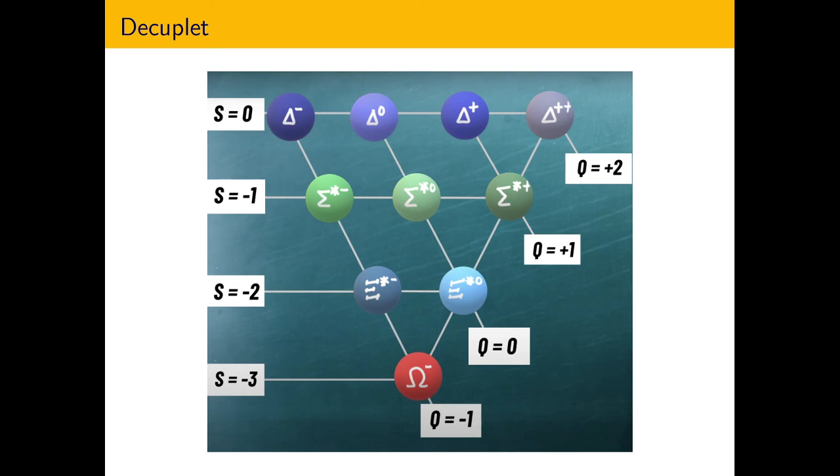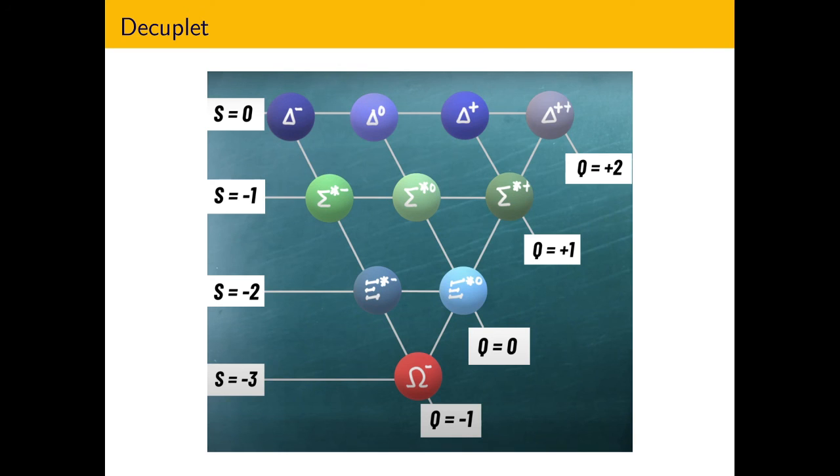Baryon decuplet. This is also exactly similar to the baryon octet. The horizontal line represents the strangeness of the particles, and the diagonal lines represent the charge of the particles. This octet and decuplet were organized by Gell-Mann. When Gell-Mann did this, the omega particle didn't exist. The one at the very bottom did not exist.